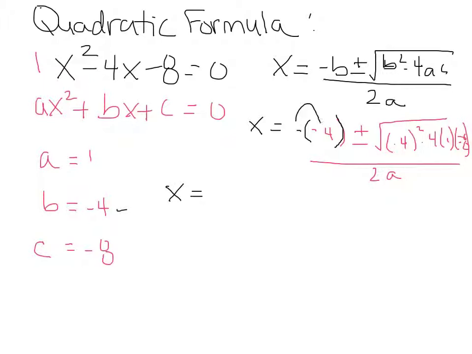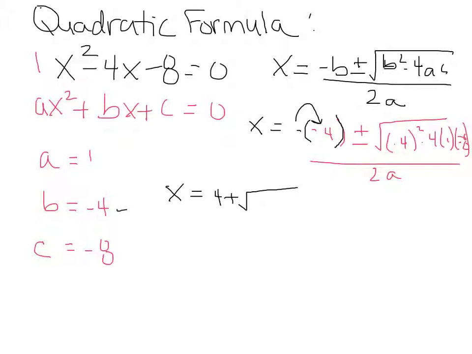So a negative times a negative is a +4. Now plus or minus means that there's two solutions, and this makes sense because the parabola has two sides. It's symmetrical, so there's two places that it crosses the x-axis.